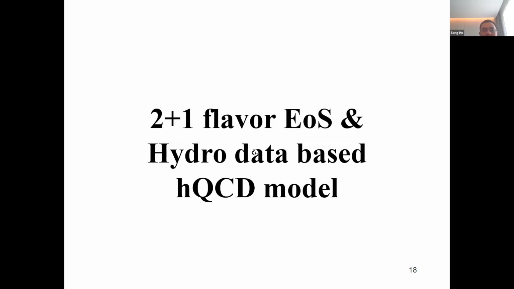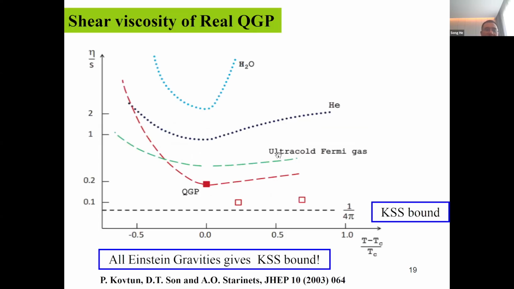And this constraint comes from the realistic QCD data. In realistic QCD data, there is the shear viscosity over entropy density.